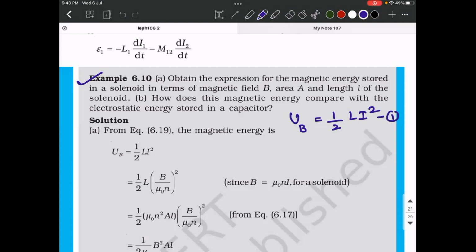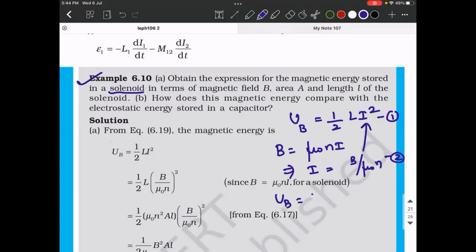Now, what kind of a device is it? It's a solenoid. For a solenoid, what is the value of B? B is equal to mu naught into n into I, which implies I is equal to B divided by mu naught n. Take this and substitute it here.